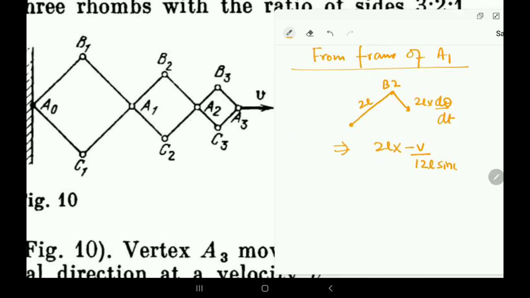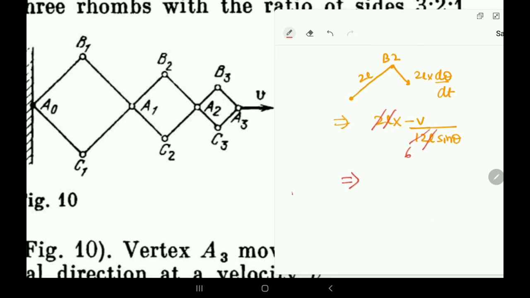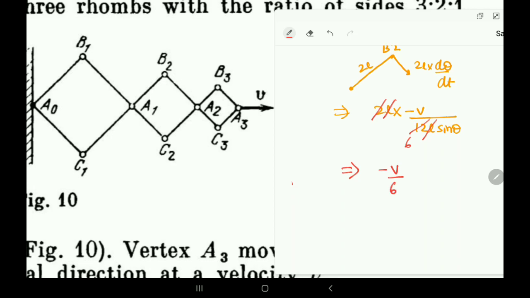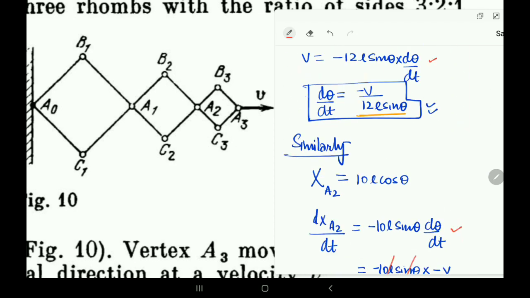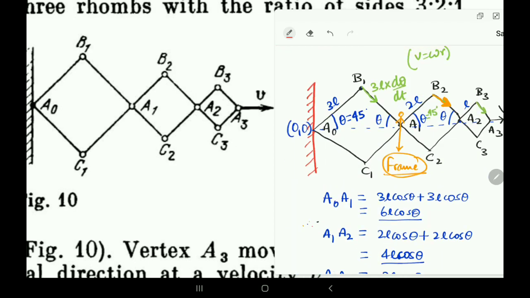So we'll put the value of d theta by dt. Some terms will get cancelled, L will get cancelled, 6. So basically the magnitude will come out to be v by 6 sine theta. Don't care about the minus sign, that is basically due to the reducing theta. Alright, so the magnitude is v by 6 sine theta.